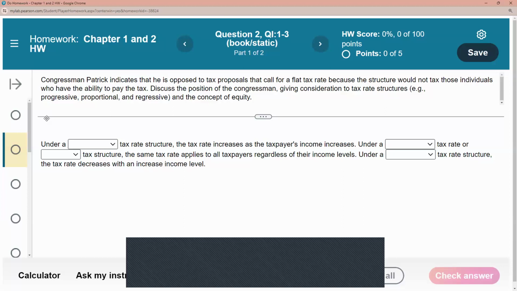So tax rates may be progressive, proportional, or regressive. A progressive tax rate structure is essentially one where the rate of tax increases as the tax base increases. The most notable tax that has a progressive rate structure is the federal income tax.